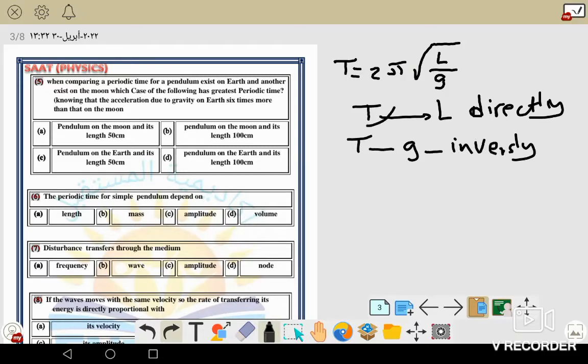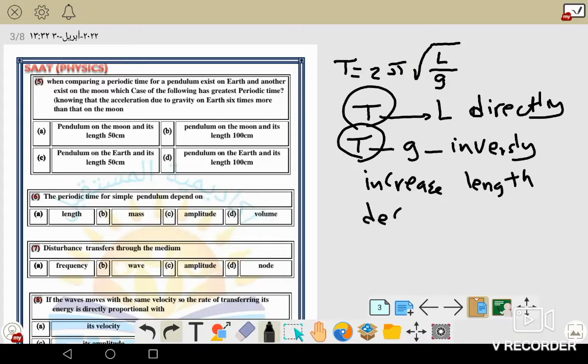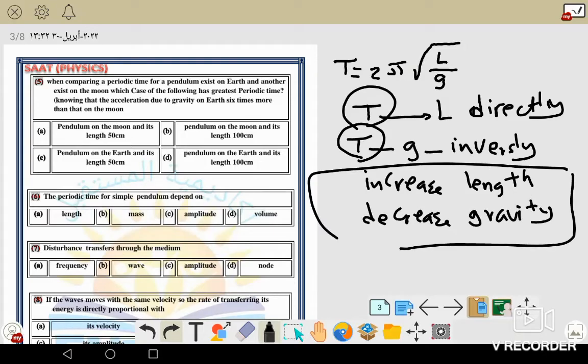So, to increase the time, increase length and decrease gravity. Again, the relation between time and length is direct: by increasing length, time increases.